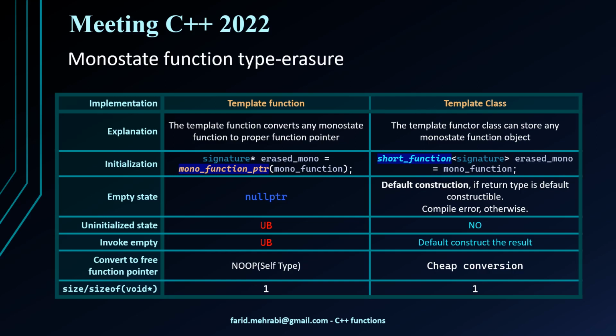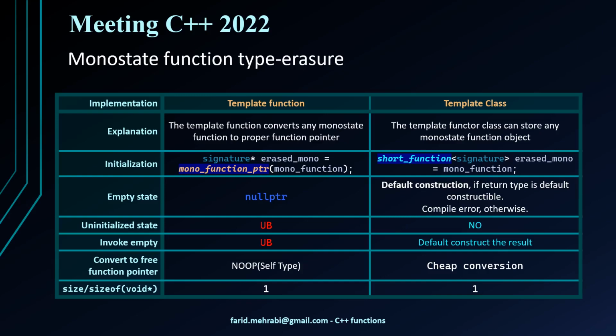We can define a template function that converts the monostate function into a function pointer of that specific signature. This method has the caveat of generating UB, because it's possible to forget to initialize a function pointer or invoke a function pointer which is set to null pointer.